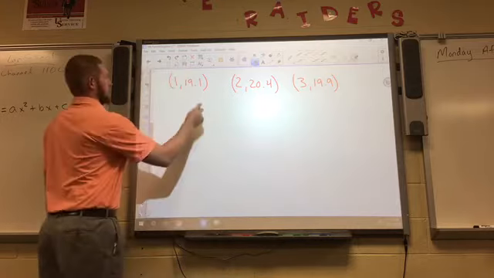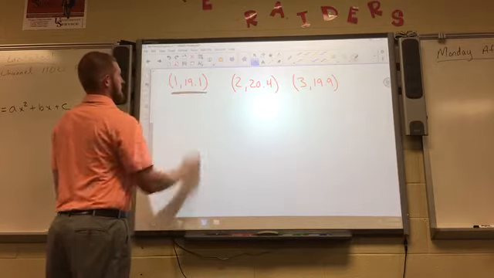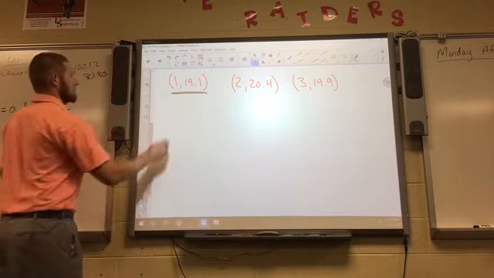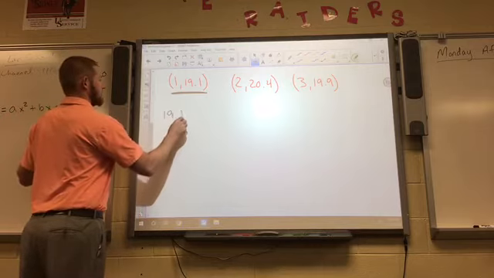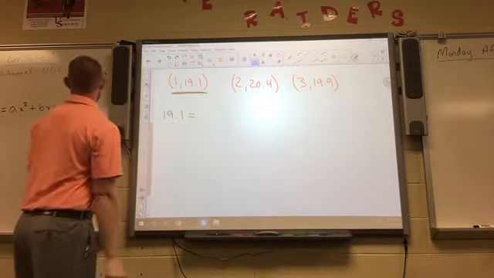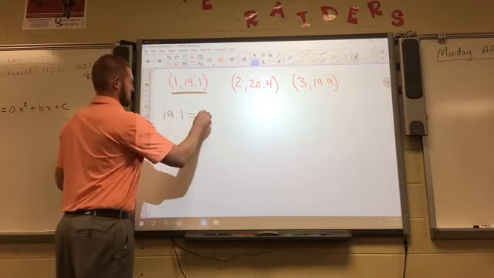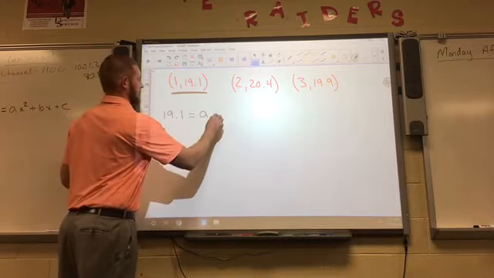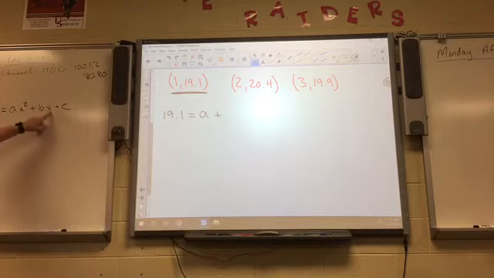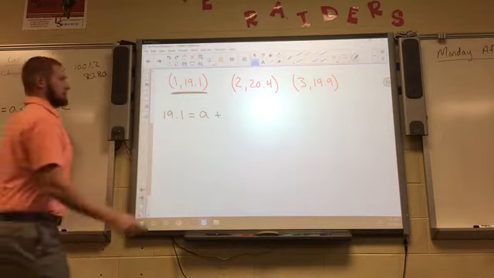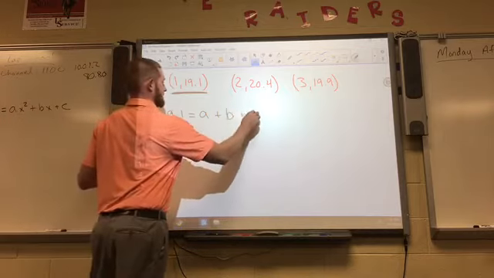So, I'm going to take the first one. My y value is 19.1 equals, now on this first part I have ax squared on this equation. So x squared is going to be 1, because 1 squared is 1, times a is just a. Plus, my x is still 1 times b is b, and then I just have plus c.